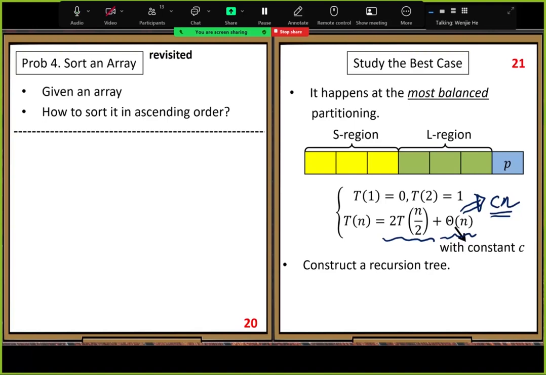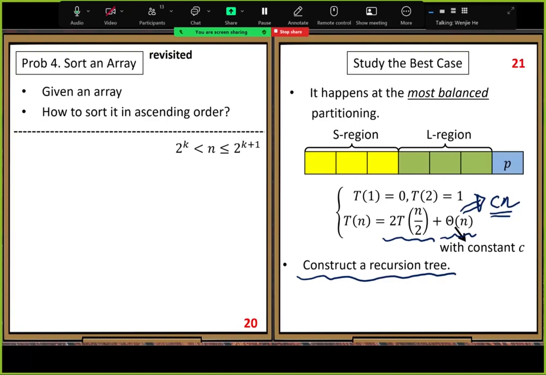The way is we construct a recursion tree. Then we use that recursion tree to help us estimate the total cost of Quicksort for the best case. All right, so let me describe this recursion tree.